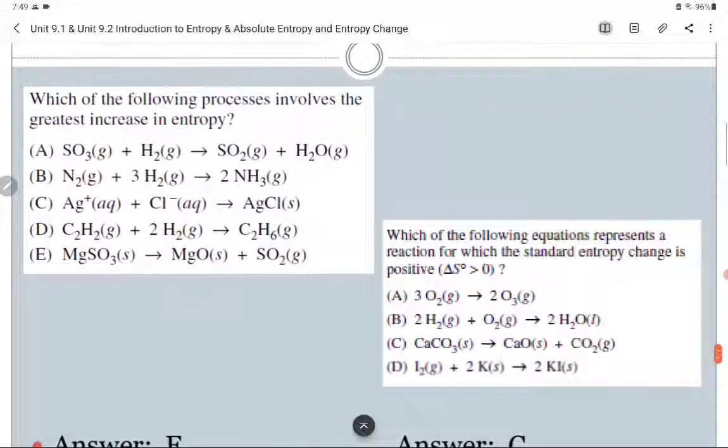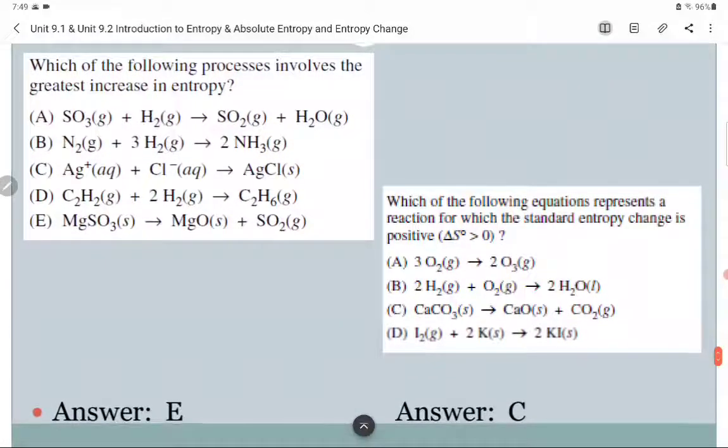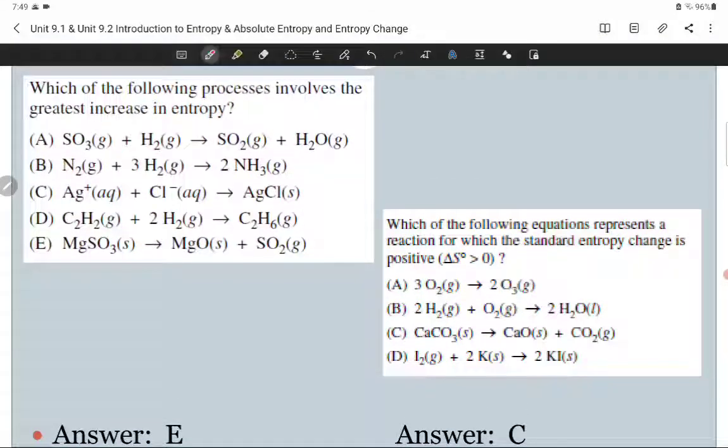These are the kind of typical questions you would get that deal with this section here. So again, we already have these answers, but let's figure out why. The greatest increase in entropy. So we need something that has the least gases to the most gases.